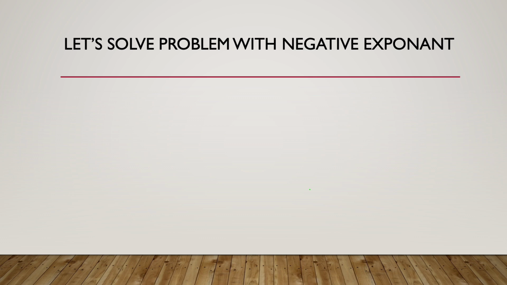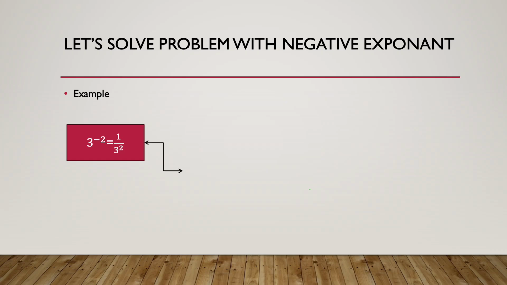Let's see what we got here. Now we are going to solve a problem with a negative exponent. We have the number 3 with a negative exponent. A negative exponent means it's not good, so first we have to convert it to positive.